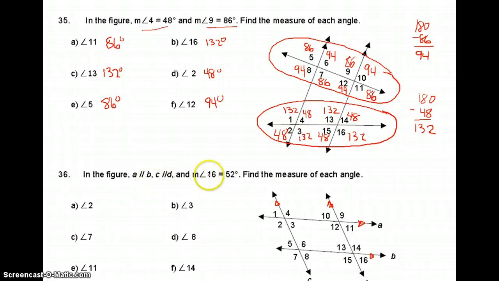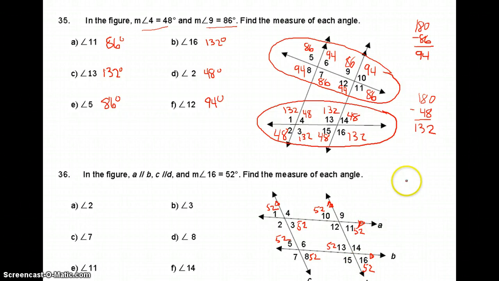I'll show you. 16 is 52. Okay, if we look at it this way, we would have a 52 here. We would have a 52 over here, and a 52 up here. Since these are parallel, we know that this would be 52, and this would be 52. Over here would be 52, and over here would be 52.